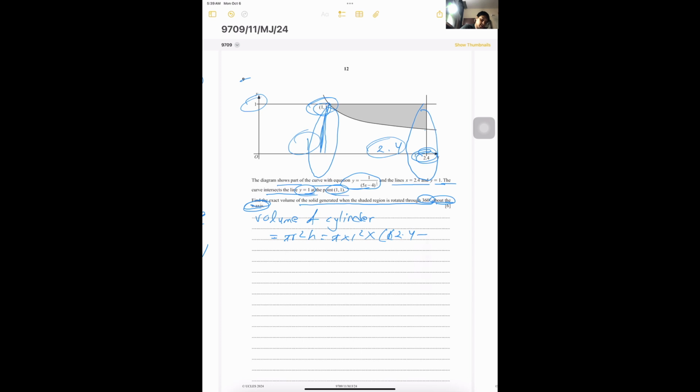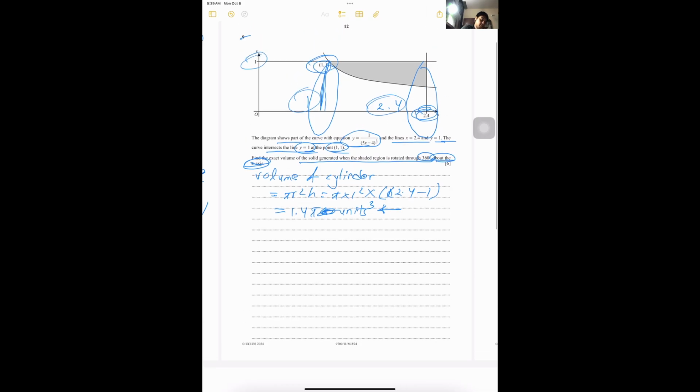So minus 1, which should give you 1.4 pi. You can write units cubed, since there is no centimeter or such thing given to us.